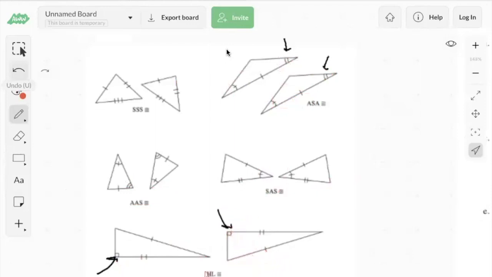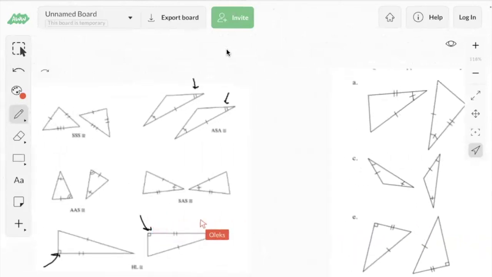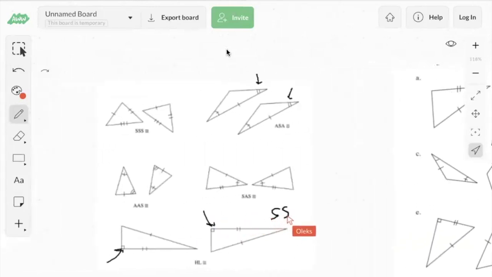So this stands for hypotenuse and then leg, I think. And the legs are the same, the hypotenuses are the same, and they're both right triangles, and you know that they're congruent. Though in general, if you have a side side angle congruency, that doesn't necessarily mean that the two triangles are congruent. Only if the two triangles are right, then it is.